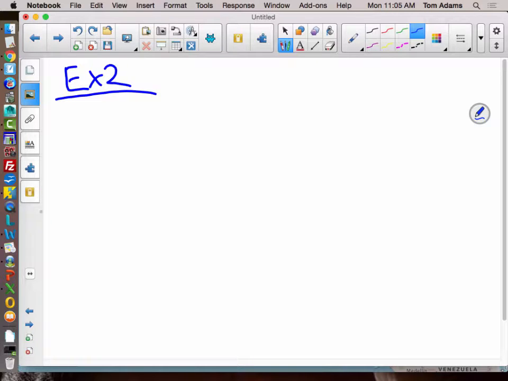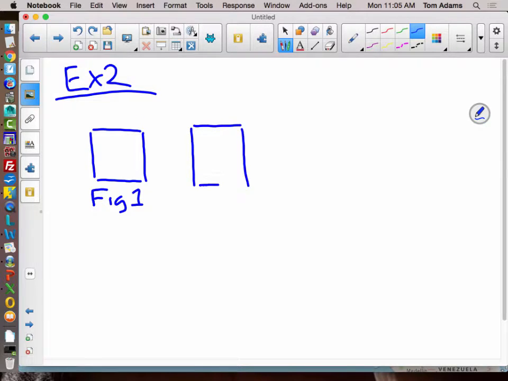Example number 2 still has a pattern, but now we're going to try to use some variables. So they're going to use toothpicks. Okay? This is figure 1. This is figure 2.